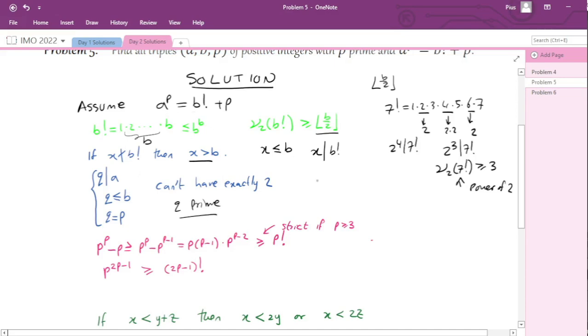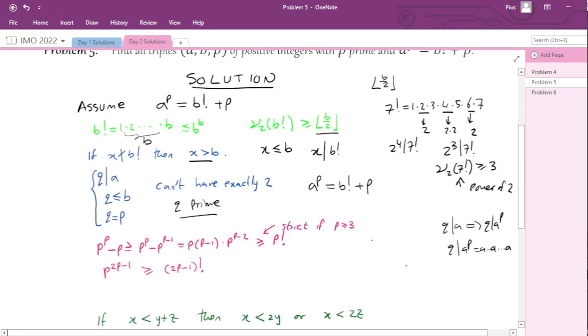This is coming from the equation we have above, which is A raised to power P is B factorial plus P. So Q divides A is the same as saying that Q divides A raised to power P. That's because Q dividing A means Q divides A raised to power P clearly. But also if Q divides A raised to power P, then it has to be a factor of at least one of them, so it's already a factor of A as well.